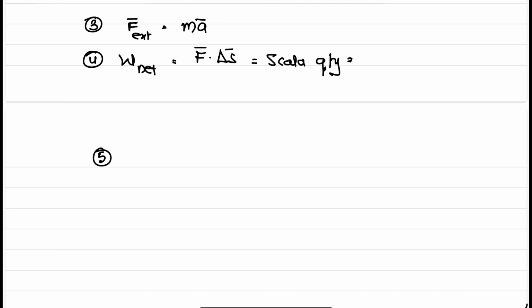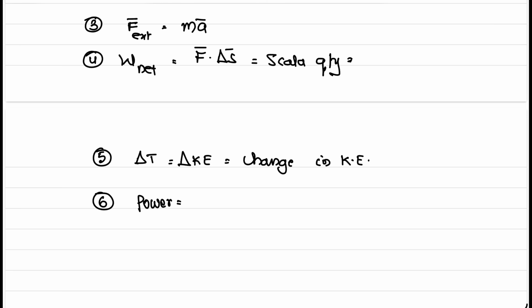Next, once work done is known, we can go back and find the change in kinetic energy, delta KE or delta T. Once kinetic energy is known, then power is equal to dT by dt, or d by dt of kinetic energy.